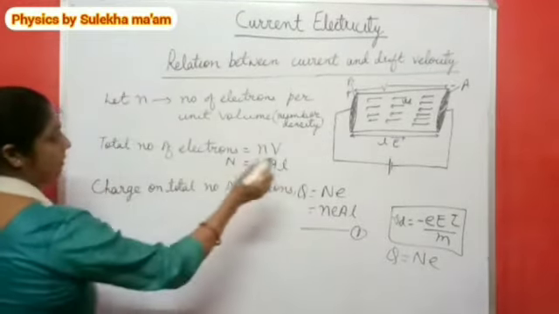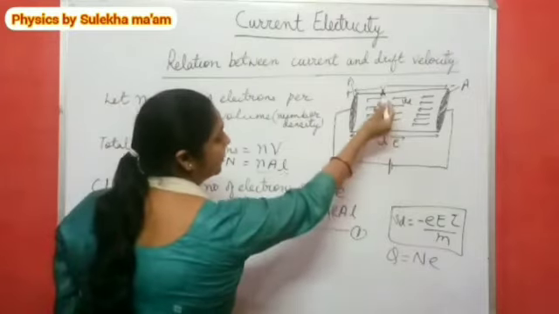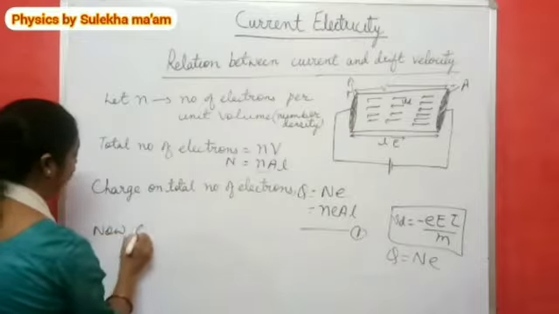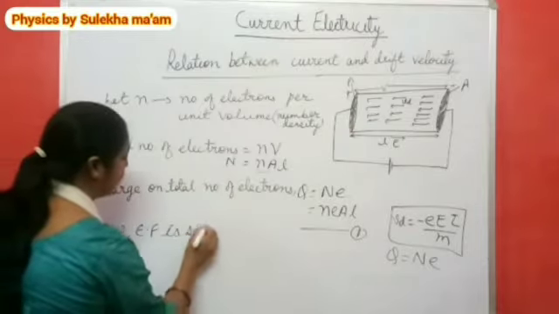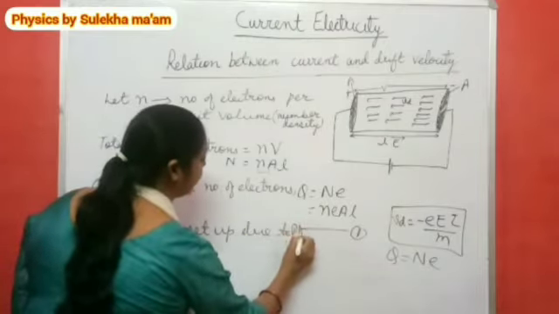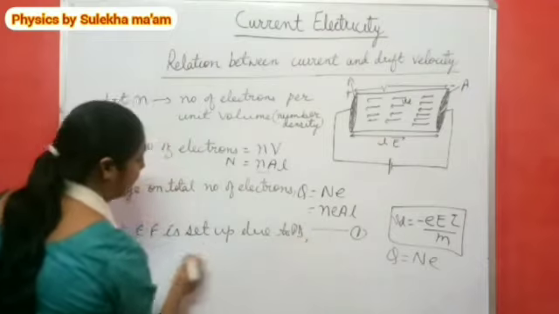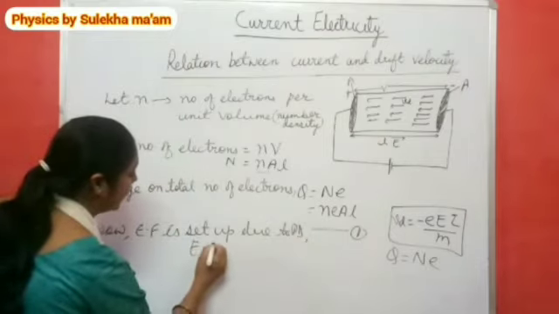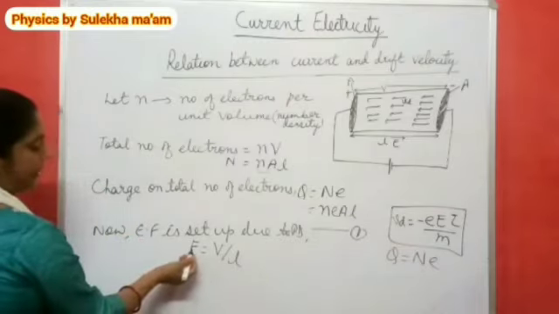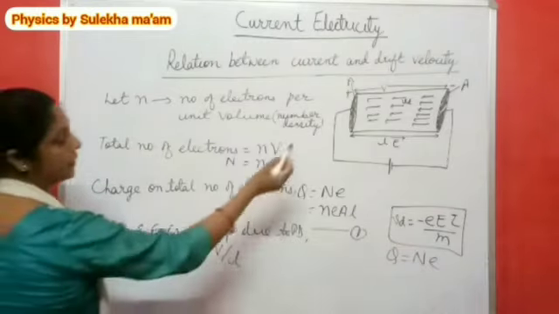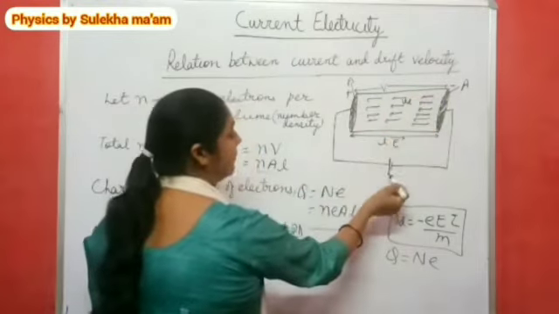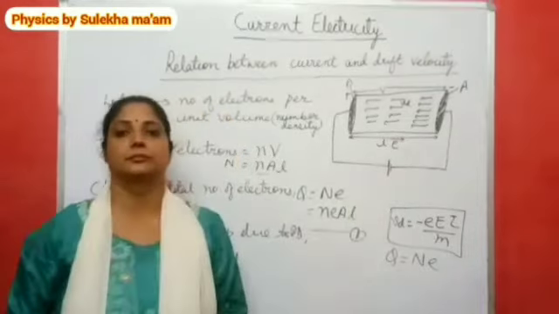Now, an electric field is set up due to this potential difference, and that electric field is given by E equal to V by L. This is the expression for the electric field, and it is set up due to the potential difference applied across the ends of the conductor with the help of this battery.